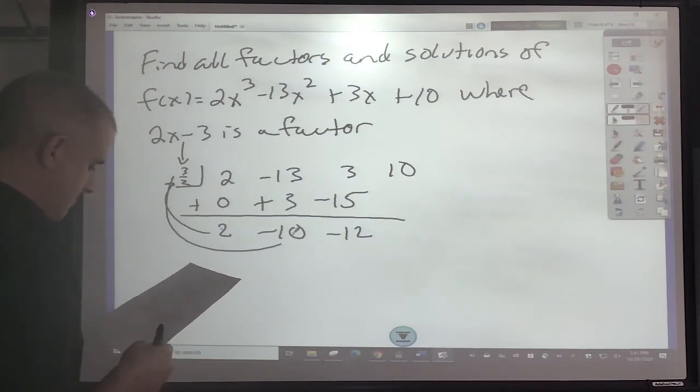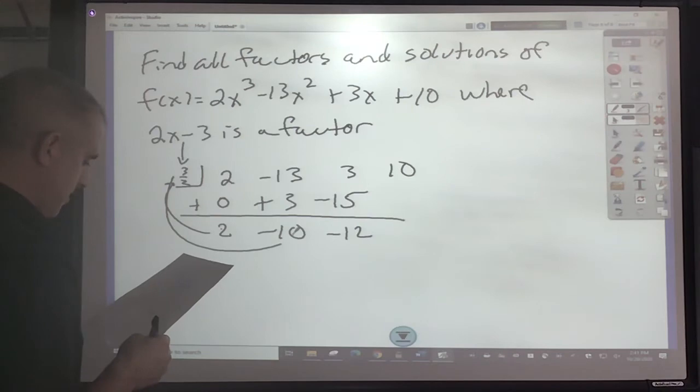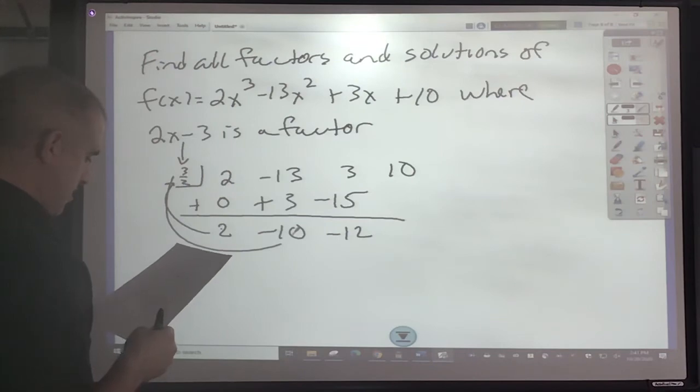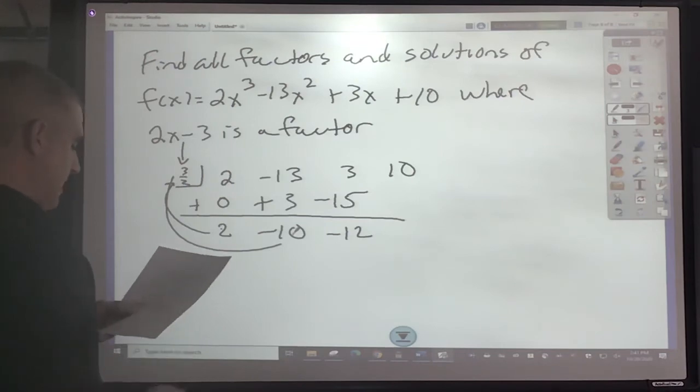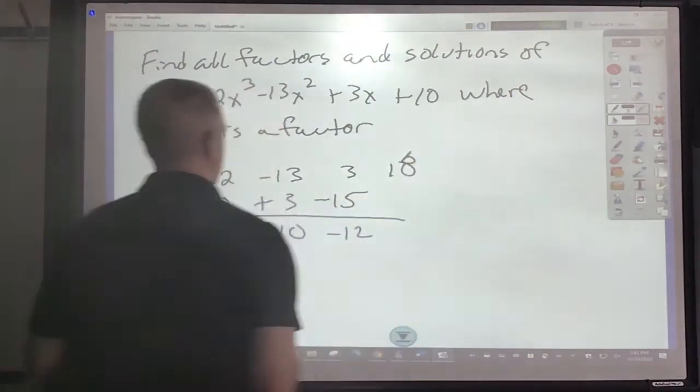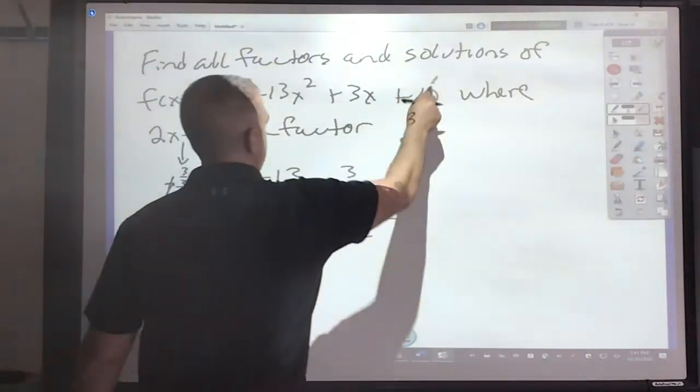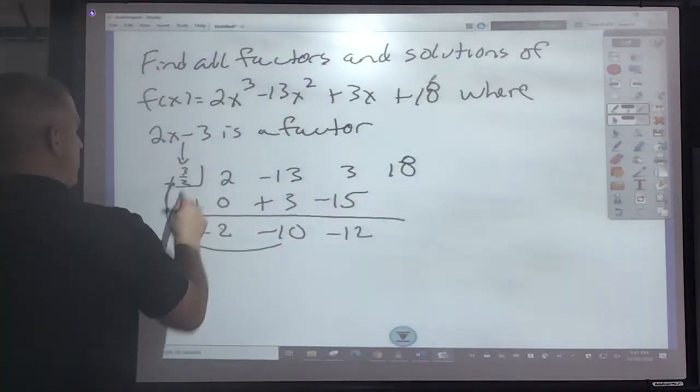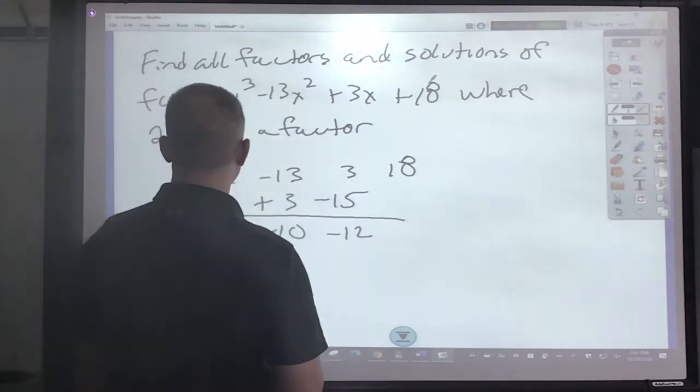Wrote this down. 2x squared minus 3, minus x cubed, minus x squared, minus 3x, minus 12x squared, which would be minus 13, plus 6x, which would be 3. And this should be 18, sorry. Negative 12 times that would give me negative 18.